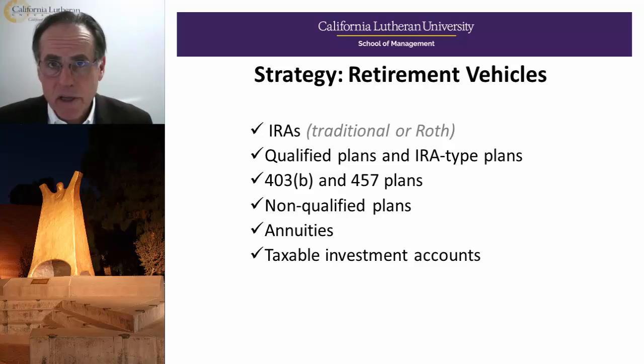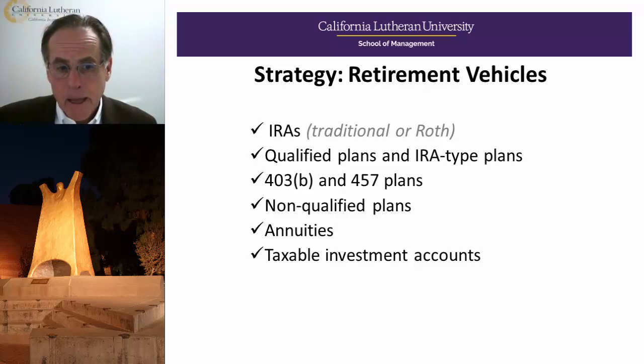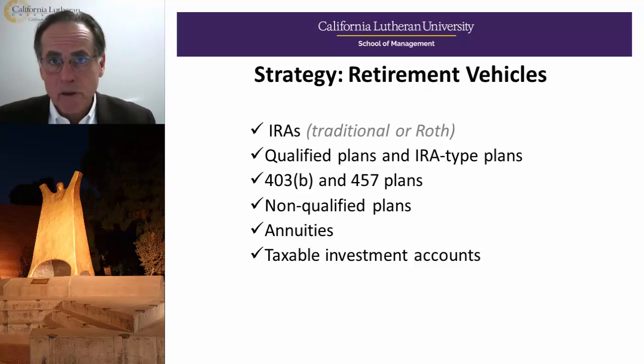And of course, annuities have taken center stage in the last few years. The idea that we can put in, after maxing out those IRAs and those defined contribution plans that are available to us, purchasing annuities and taxable investment accounts. So all of these different vehicles are there to help us satisfy the savings need.